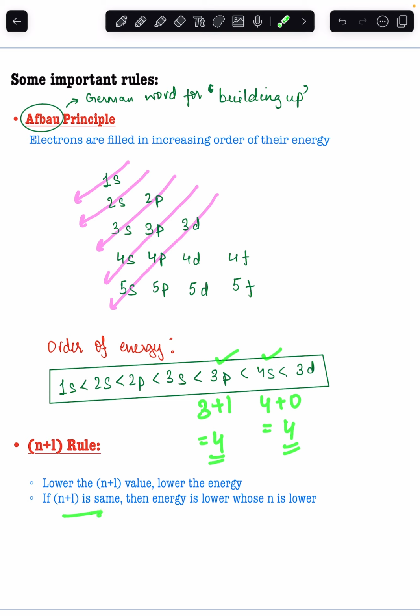Then the energy is lower for the one whose n is lower. So n is lower for 3p, so the energy of 3p will be lower than 4s. This is the rule which we use to find out.